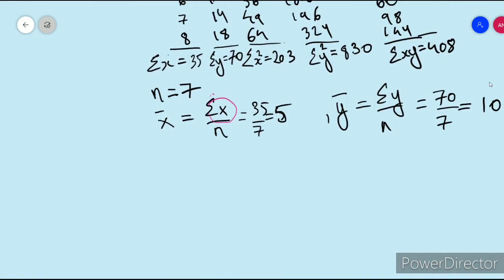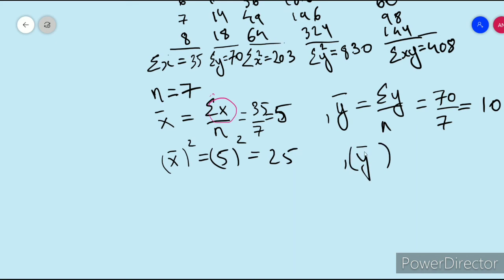The square of the x mean will give us 25, and the square of the y mean is equal to 100. So now we've got all the values.